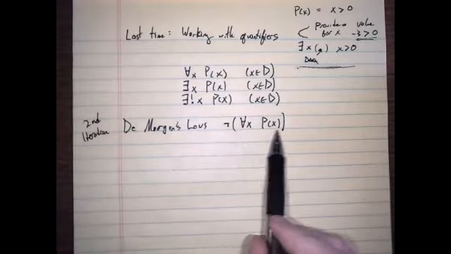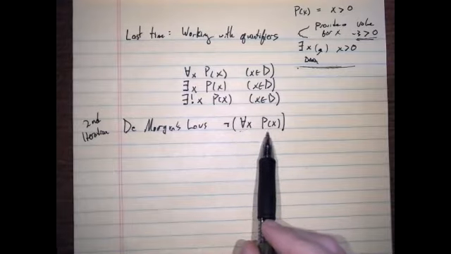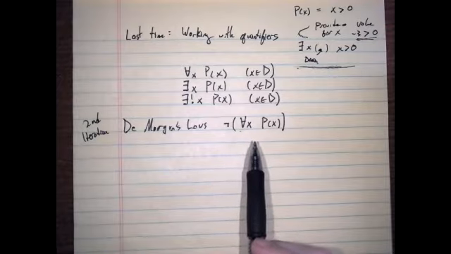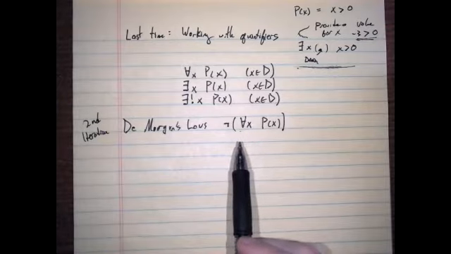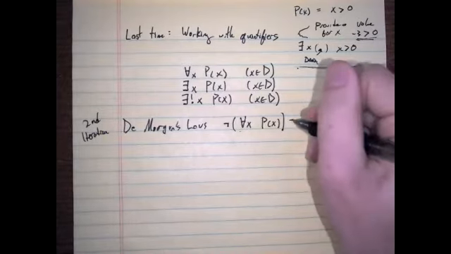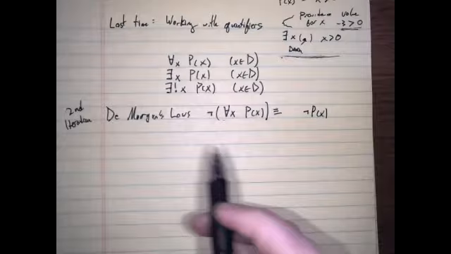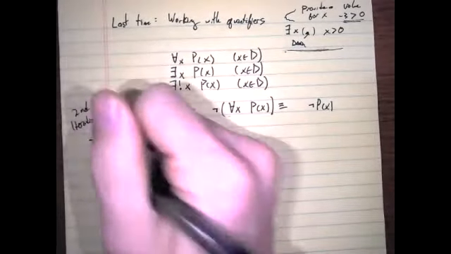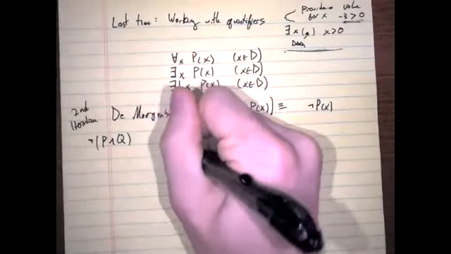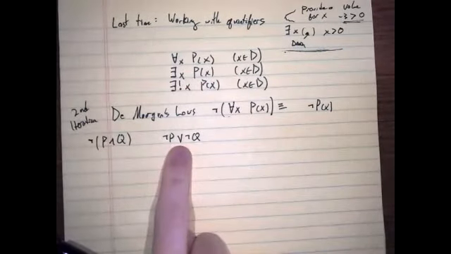This proposition is true when P of x holds for all x, and it's false when there exists at least one x such that P of x doesn't hold.